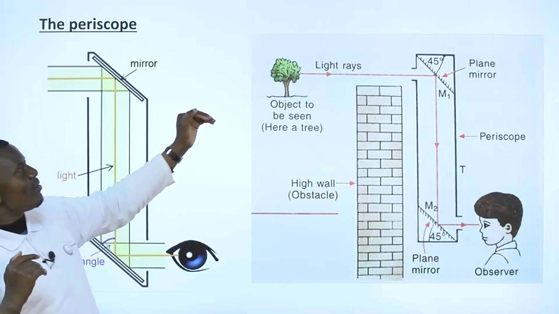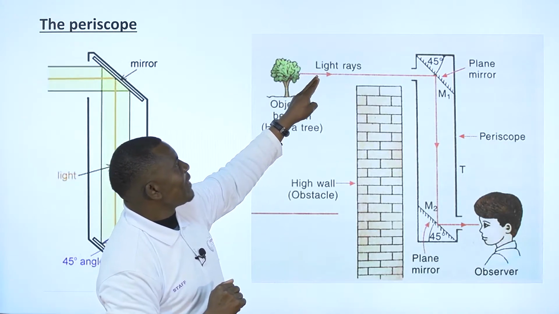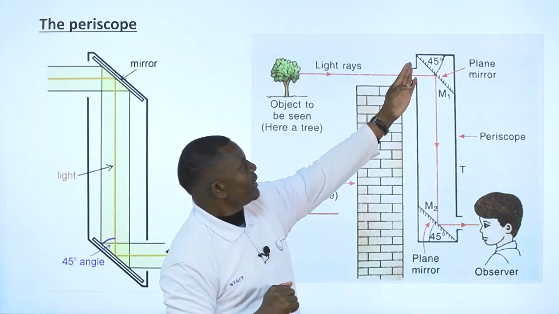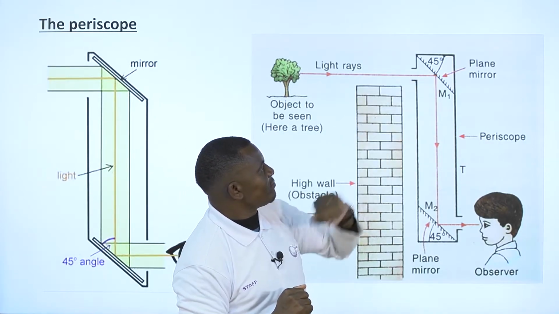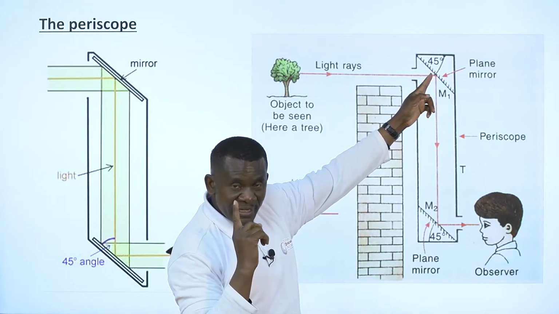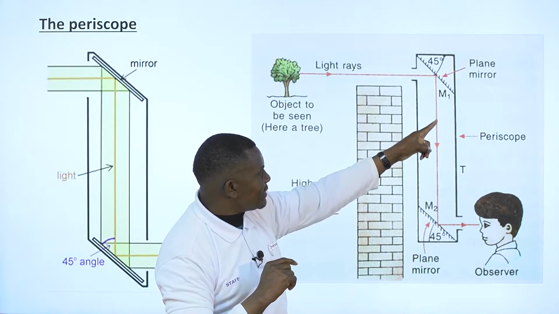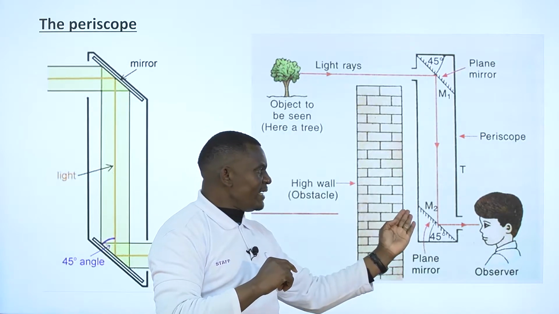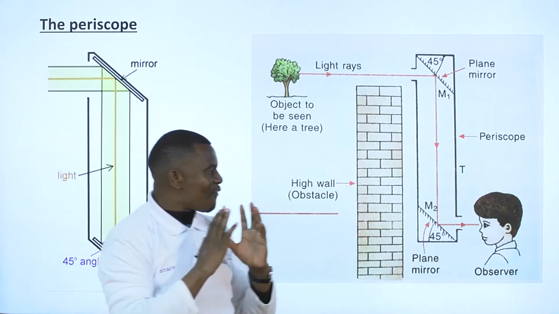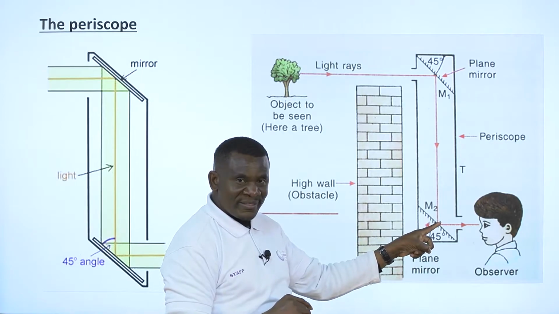Now, this is how it works. We have light that is coming from, let's say, a tree. It meets the first mirror, which is at an angle. We were talking about deflection. Light is deflected down, and then it meets another mirror that is at an angle of 45 degrees as well. What happens?